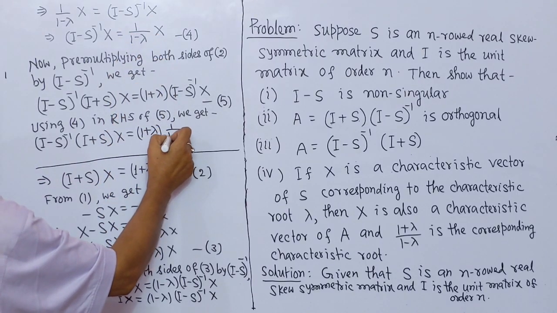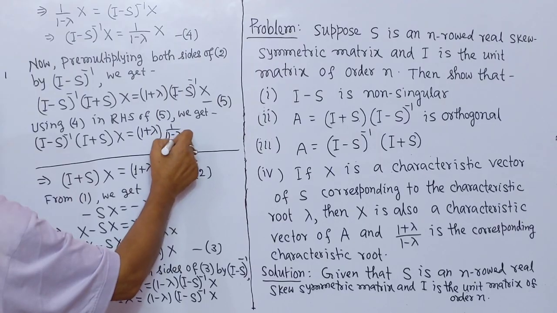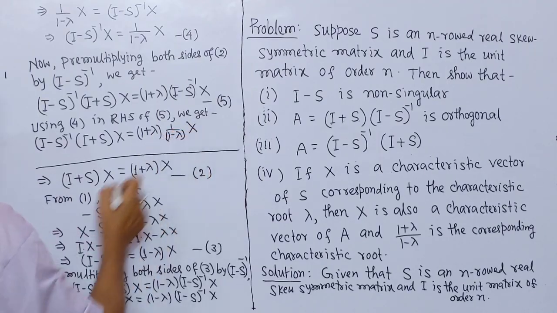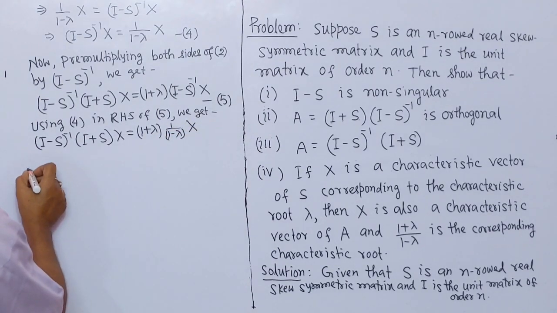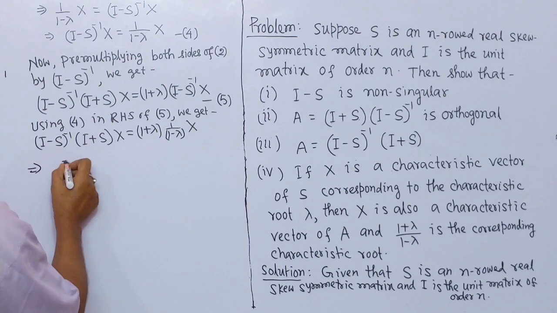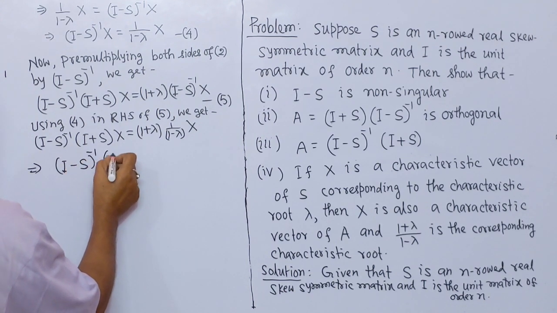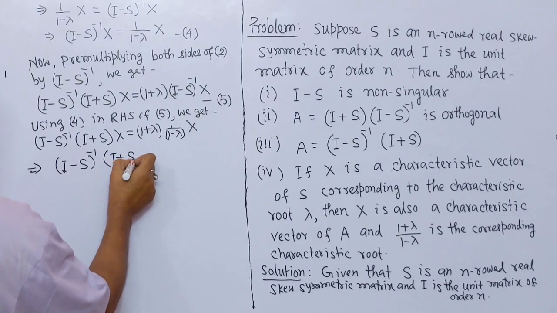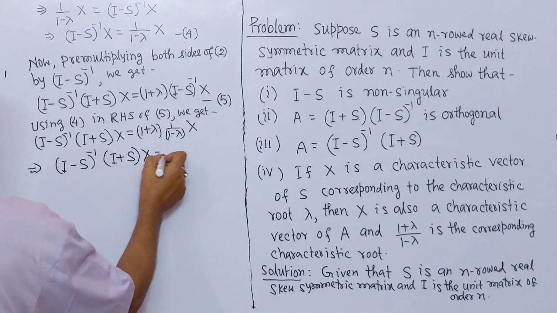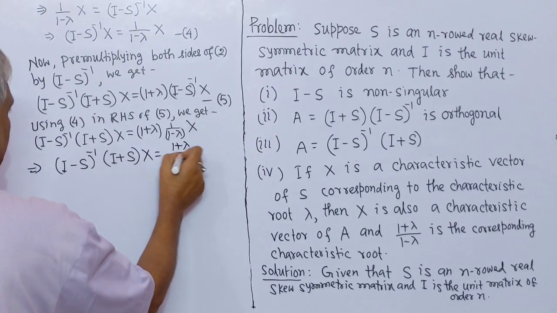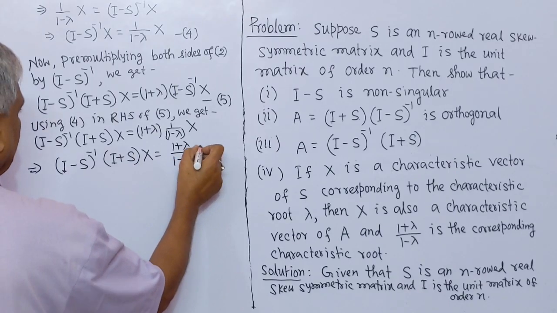It implies that (I minus S) whole inverse multiplied by (I plus S) x equals (1 plus lambda) by (1 minus lambda) x.